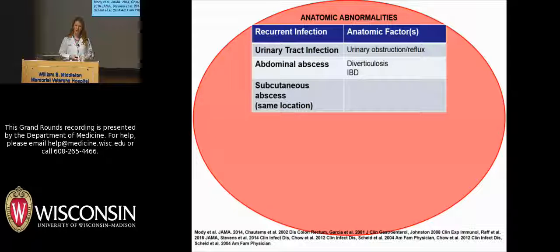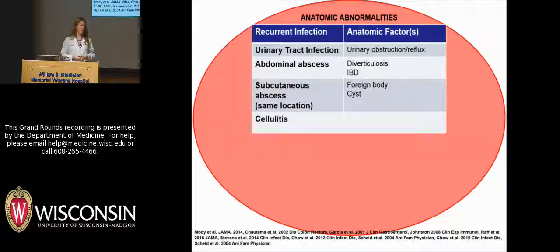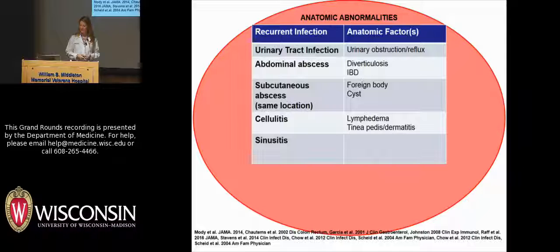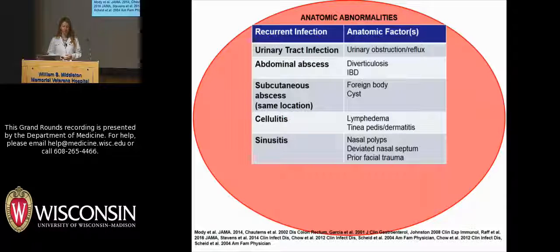Subcutaneous abscess, and particularly in the same location, should lead you to think about an anatomic factor. This could be a foreign body or a cyst, like a pilonidal cyst. Cellulitis, as I've told you, lymphedema and skin breakdown or tinea contribute. Sinusitis, the factors here contributing, nasal polyps, deviated nasal septum, or prior facial trauma.